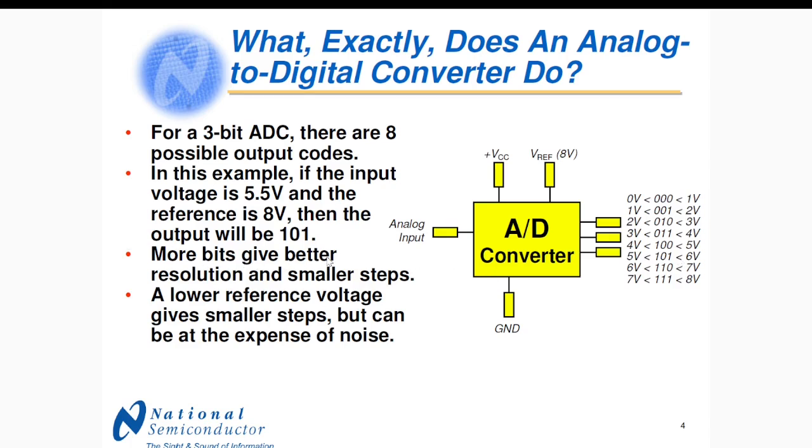More bits give better resolution and smaller steps. A lower reference voltage gives smaller steps but can be at the expense of noise. That is a very important point for everyone to understand. More bits mean we get better resolution, and increasing the sampling rate will give better resolution as well.